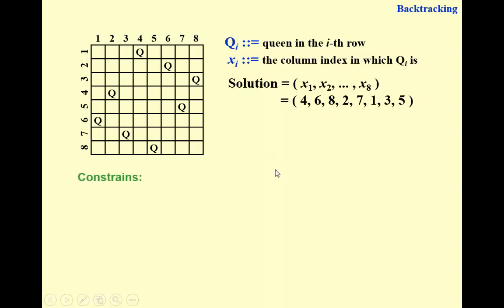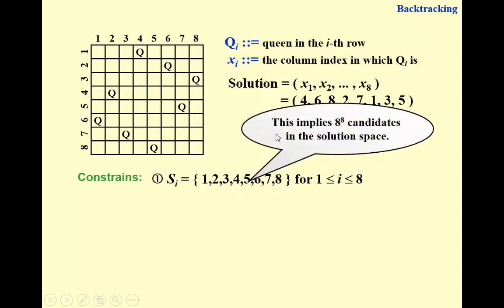And the constraints are the following. Well, this is the space for each x, which means that each x can pick up a value in this range, right? It implies that there are 8 to the power 8 candidates in the solution space.